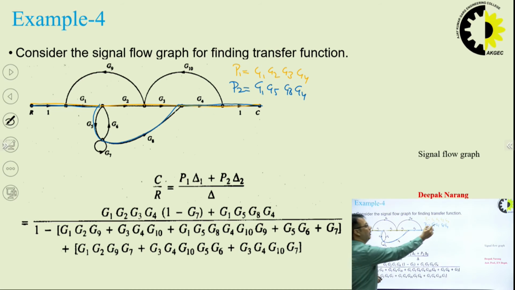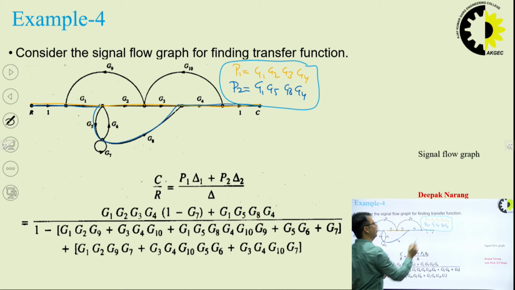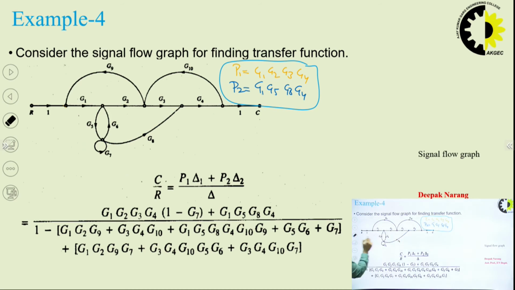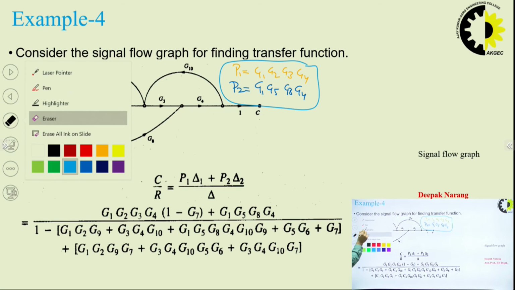These are the two forward paths in this particular diagram. Next is to check the looping section: what are the basic loops in this diagram.